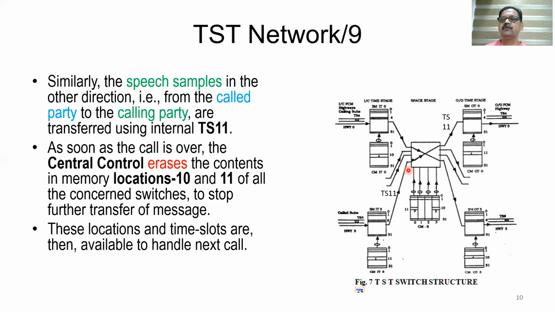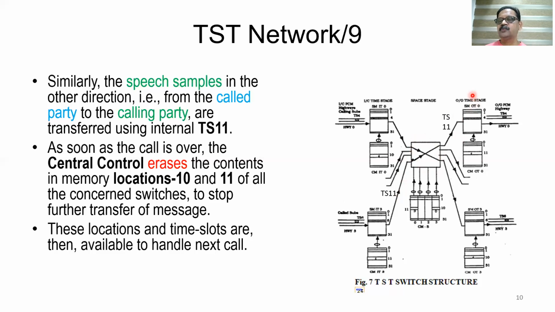Then when it goes to the space switch, here highway jumping takes place. So this highway from 3 to highway 0 takes place on the same time slot.